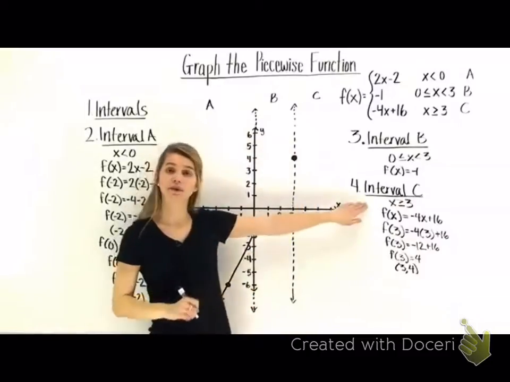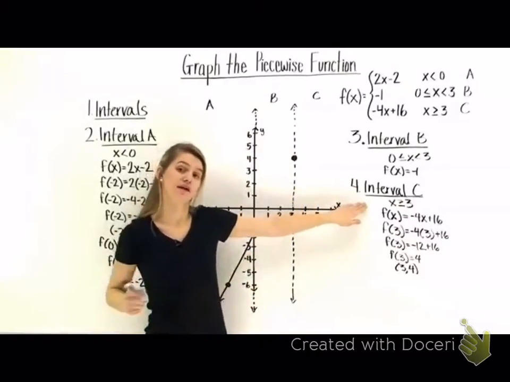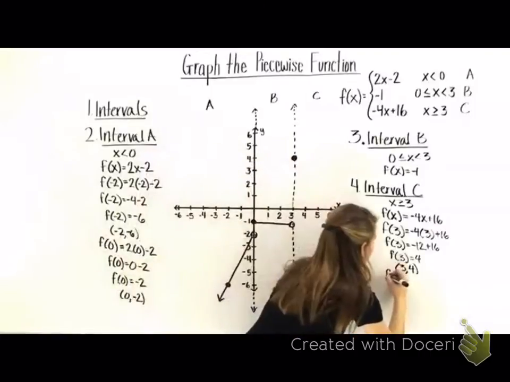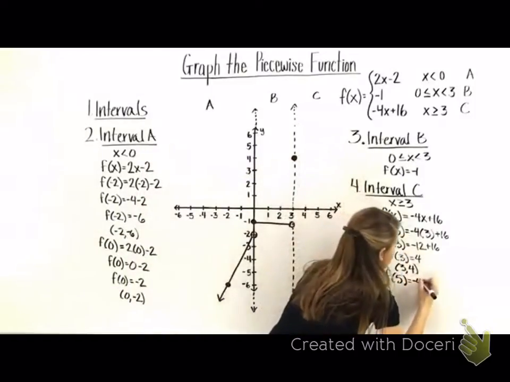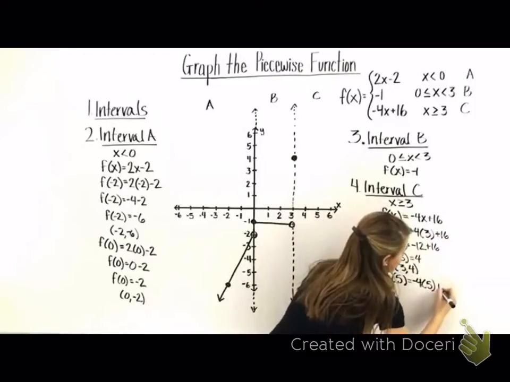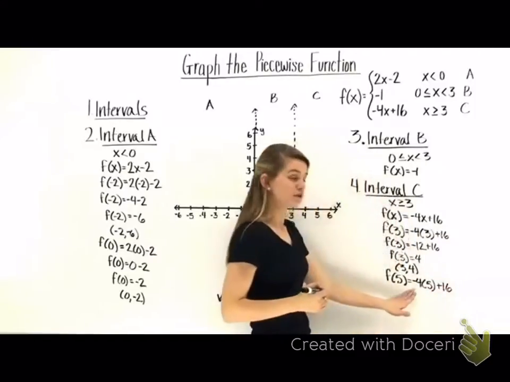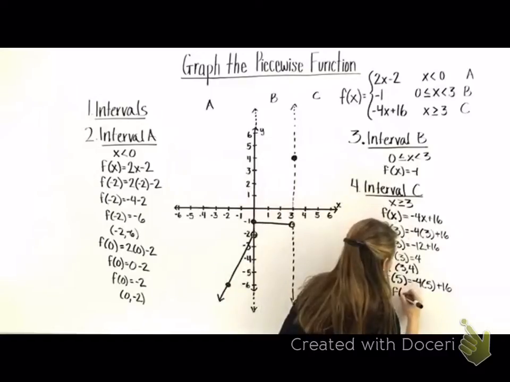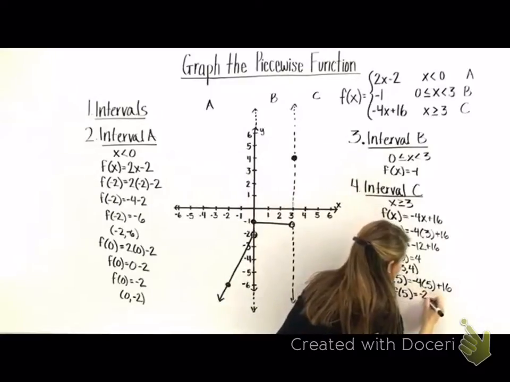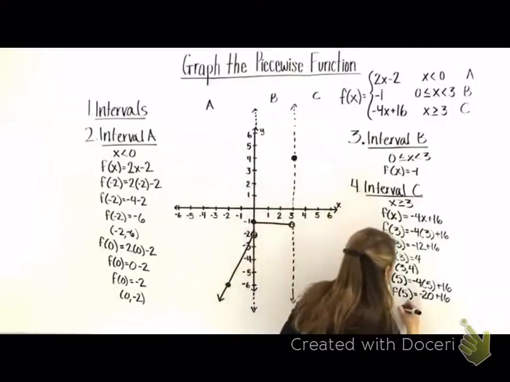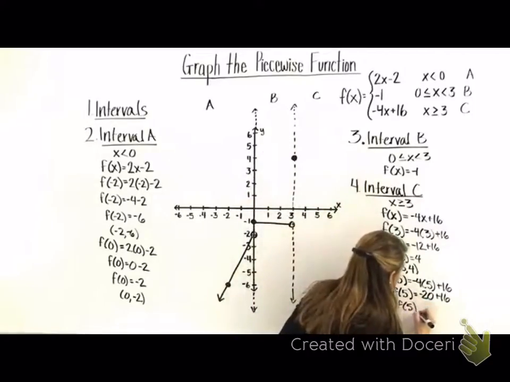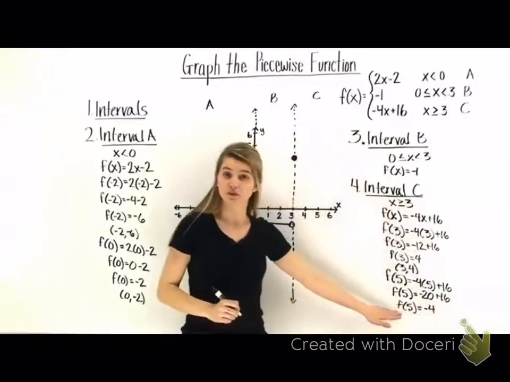Let's pick another x value. Let's pick x equal to 5. f of 5 is equal to negative 4 times 5 plus 16. Negative 4 times 5 is negative 20, so f of 5 is equal to negative 20 plus 16, which is negative 4.